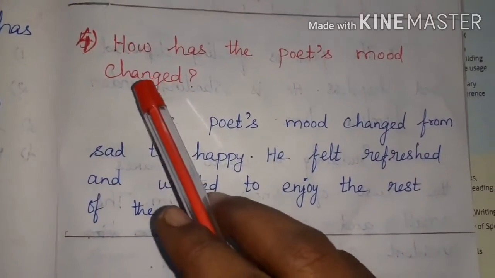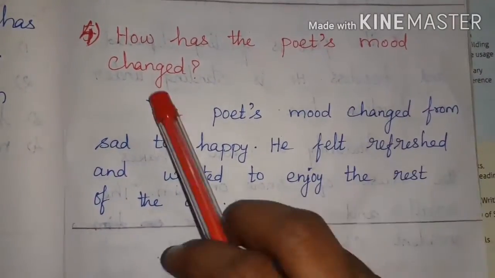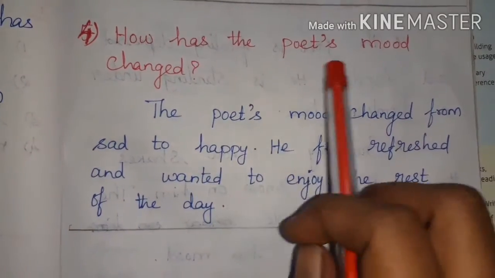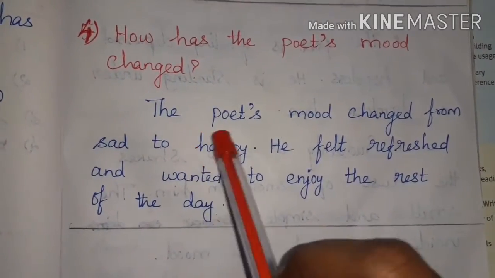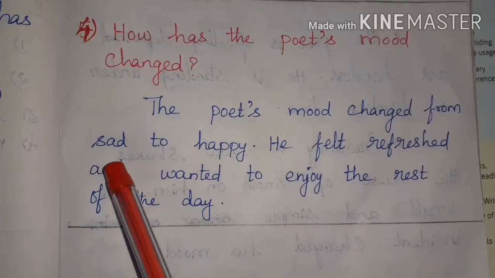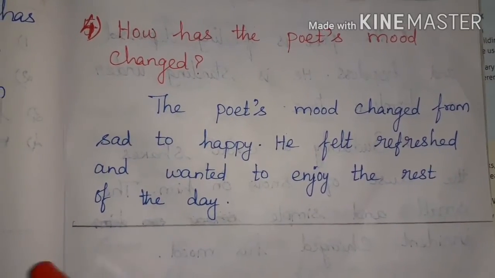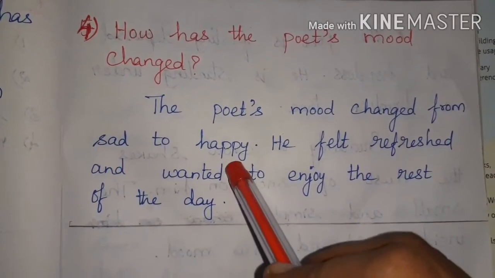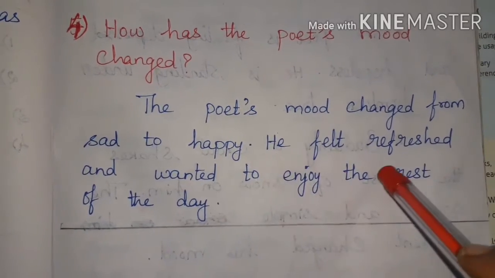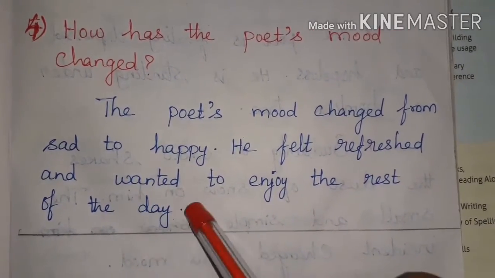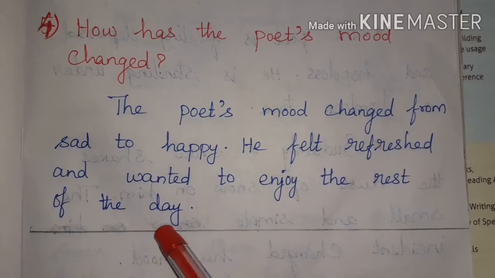Then the fourth question. How has the poet's mood changed? The poet's mood changed from sad to happy. He felt refreshed and wanted to enjoy the rest of the day.